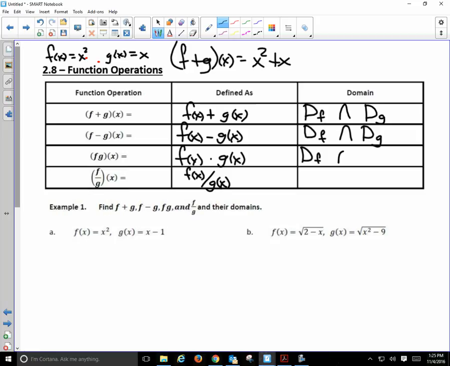It's just slightly different when you get to the last one. You have to eliminate where g of x is equal to 0, because you can't divide by 0, so we got to take that out of there. So you'll see by the first couple examples, it's really no big deal.